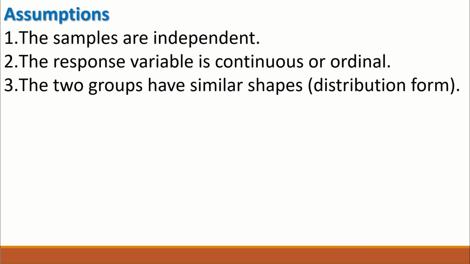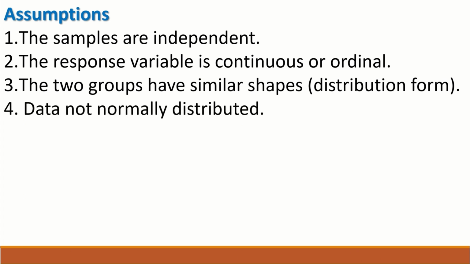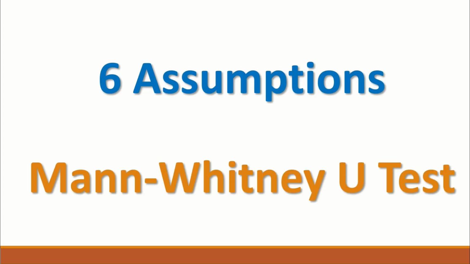The two groups have similar shapes, distribution form, and data are not normally distributed. So there are 6 major assumptions that have to be fulfilled before choosing to use Mann Whitney U test for the data set.